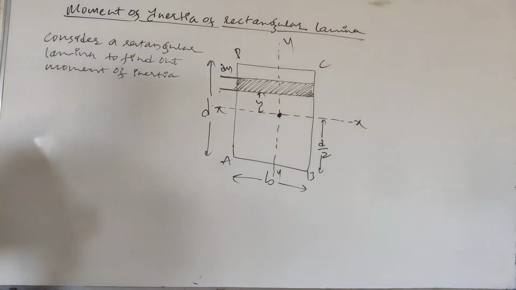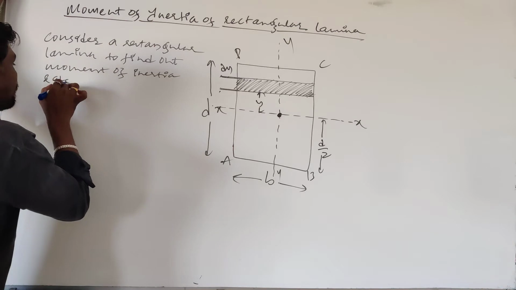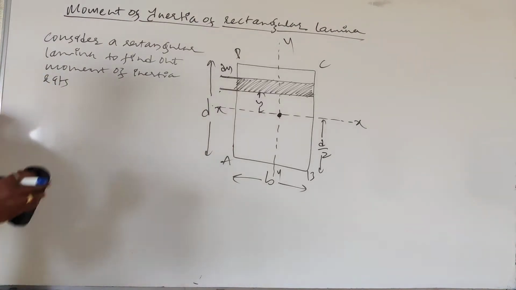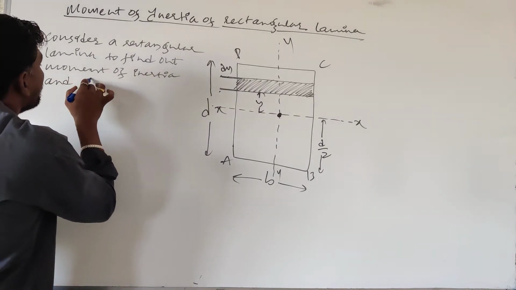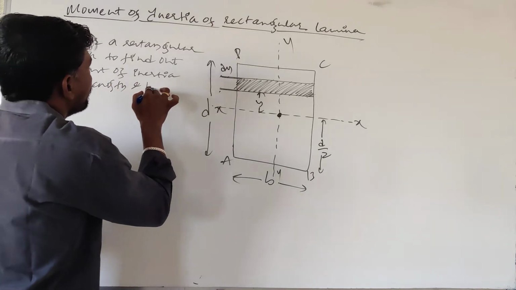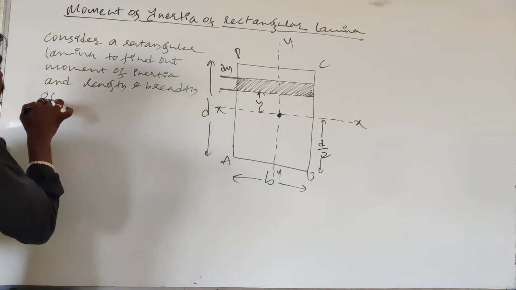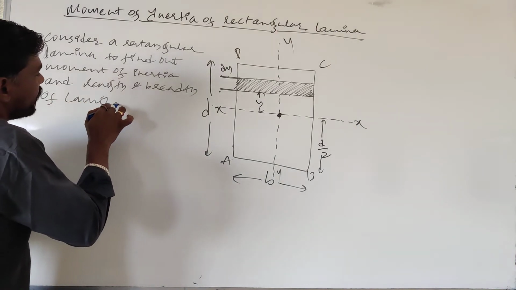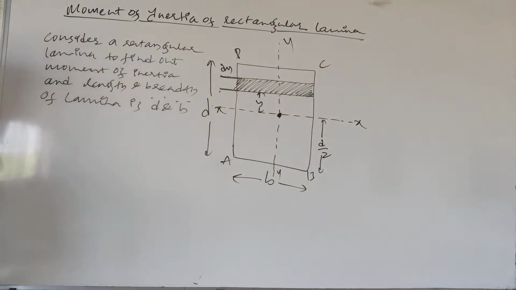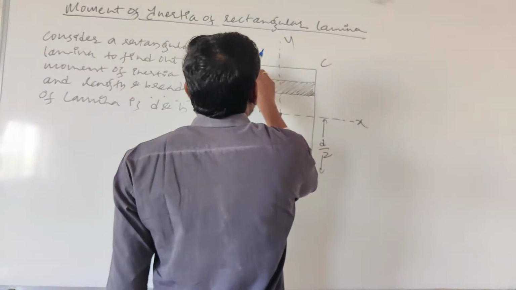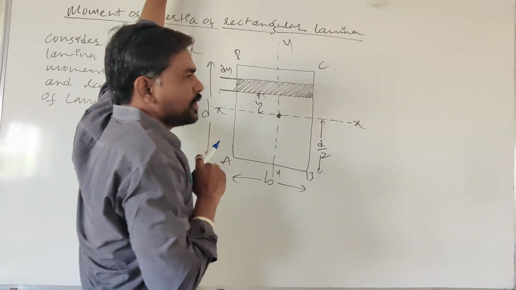The length and breadth of the lamina are D and B. Now I am going to take a small elementary slip.